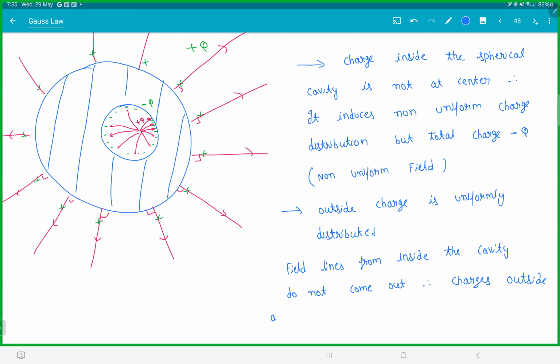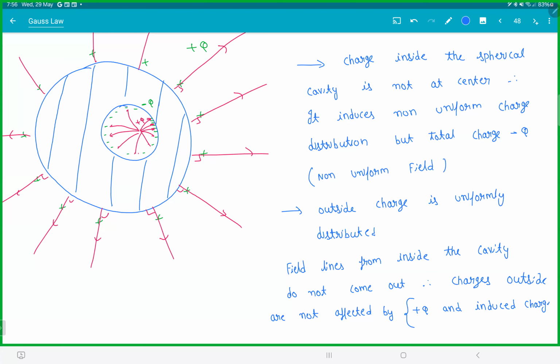Charges outside are not affected by charges inside the cavity. Therefore, charges outside are not affected. That's why you still get a uniform distribution. They are affected by the plus Q and induced charges together. Plus Q and induced charges.